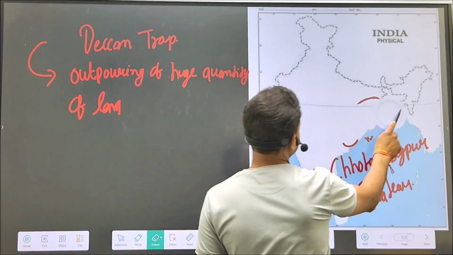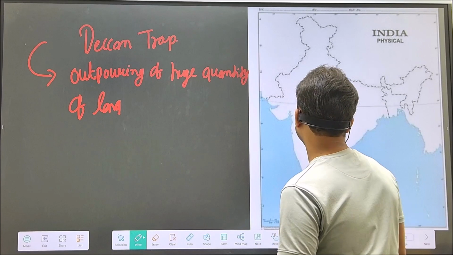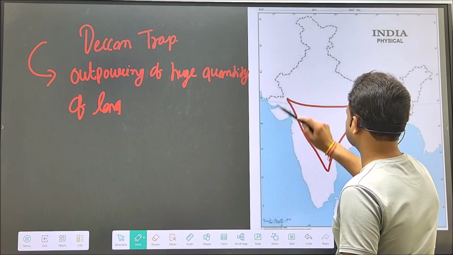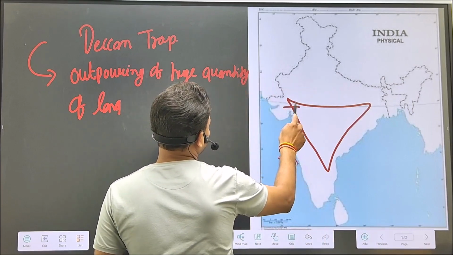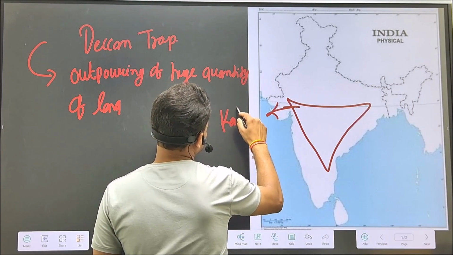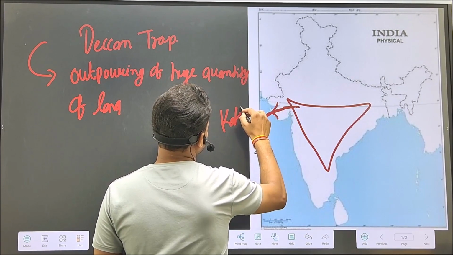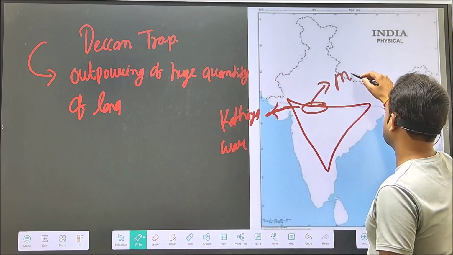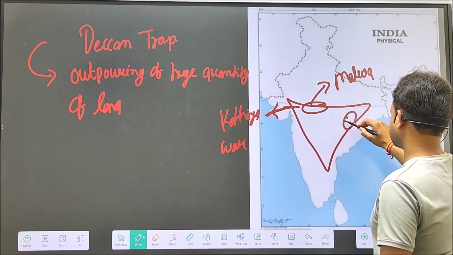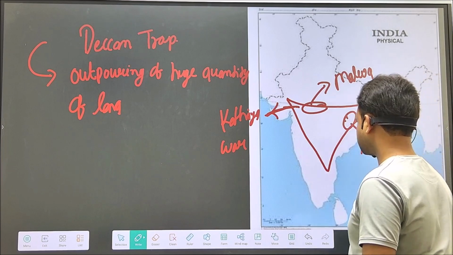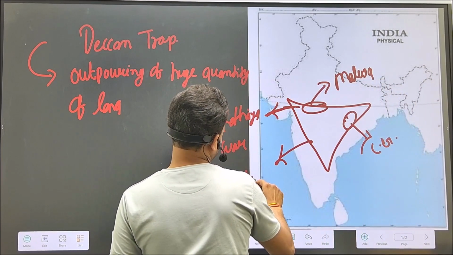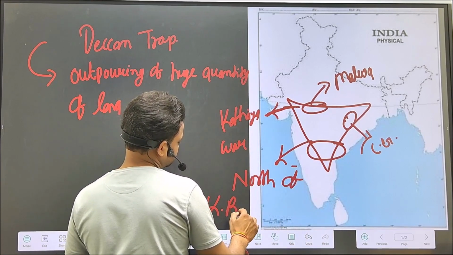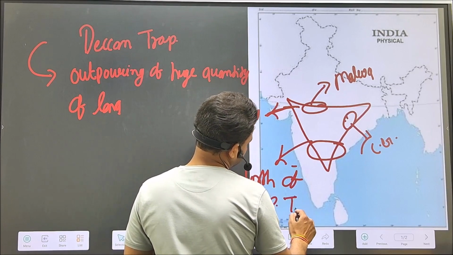And if you talk about the distribution of Deccan Trap, it is distributed majorly in these places, which include Kathiawar, Malwa, Chhattisgarh, north Karnataka, Andhra Pradesh, Telangana.